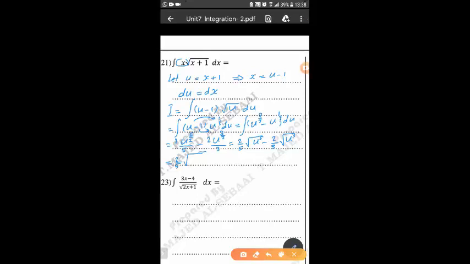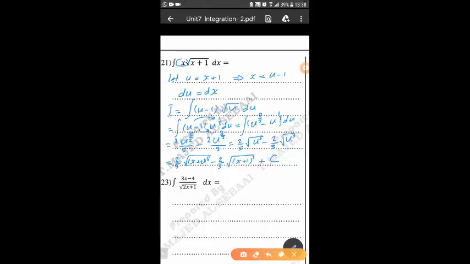It is x plus 1. So it will be root of x plus 1 to the power of 5 minus 2 over 3 square root of x plus 1 to the power of 3 plus c. I think it is easy, really easy.